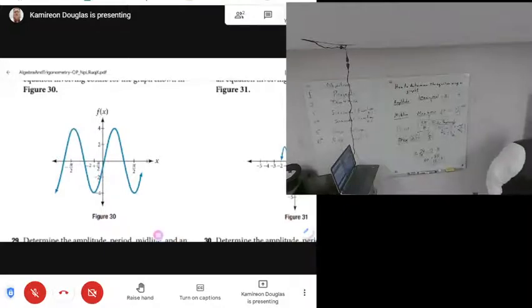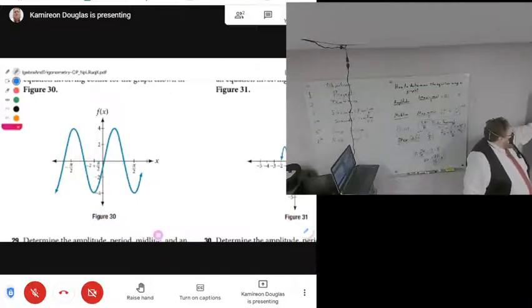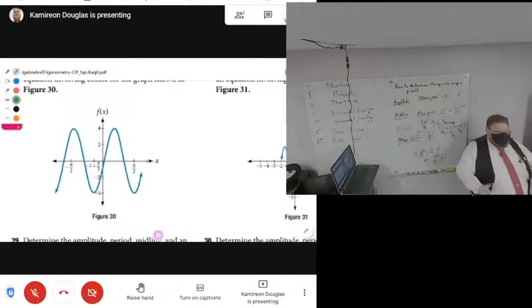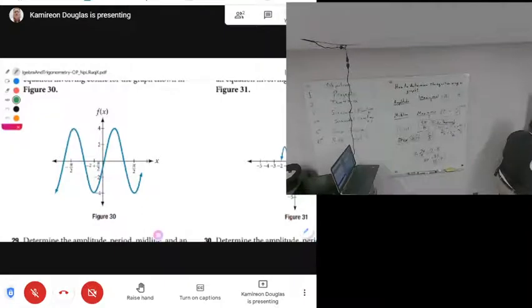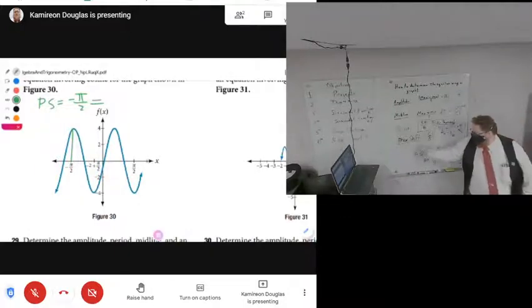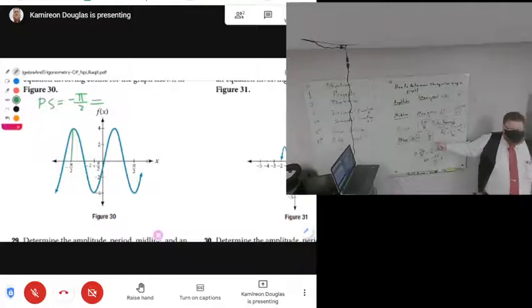Here's what we're going to do. I know for my problem, my phase shift is at negative pi over 2. So my phase shift is negative pi over 2. But I also know that my phase shift is equal to c over b.